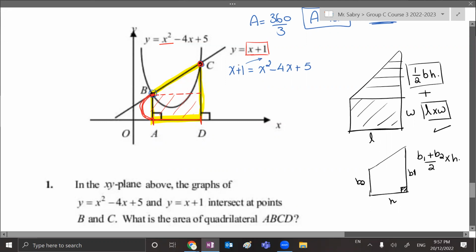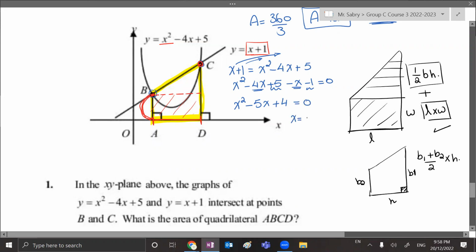I'll move everything to one side to make it equal to 0. So I now have x squared minus 4x plus 5 minus x minus 1 equals 0. Combining like terms, x squared minus 5x plus 4 equals 0.